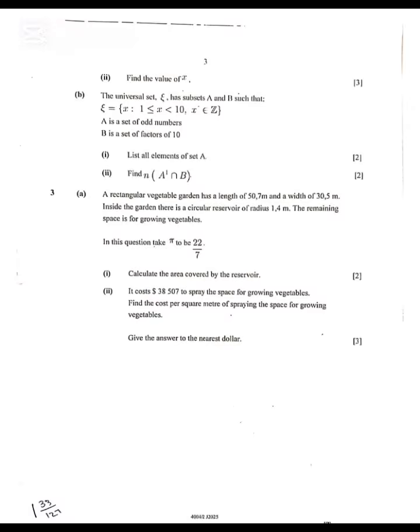We are given that a rectangular vegetable garden has a length of 50.7 meters and a width of 30.5 meters. Inside the garden, there is a circular reservoir of radius 1.4 meters. The remaining space is for growing vegetables. In this question, we are supposed to take pi to be 22/7, and then we calculate the area that is covered by the reservoir.